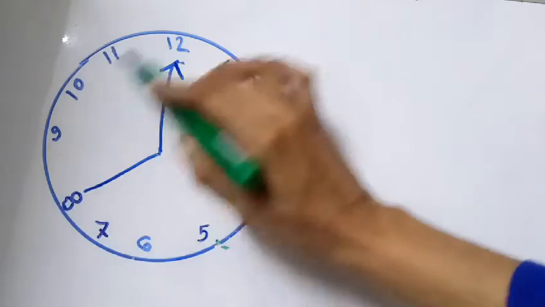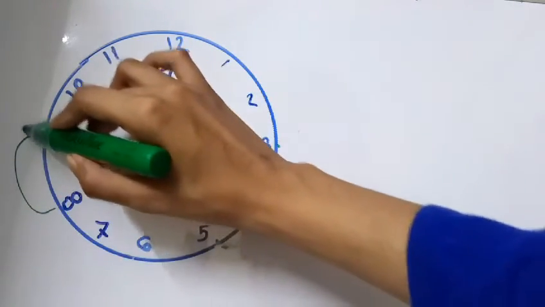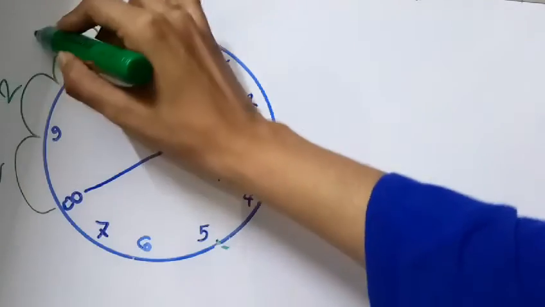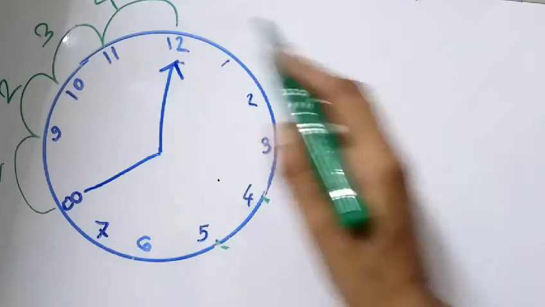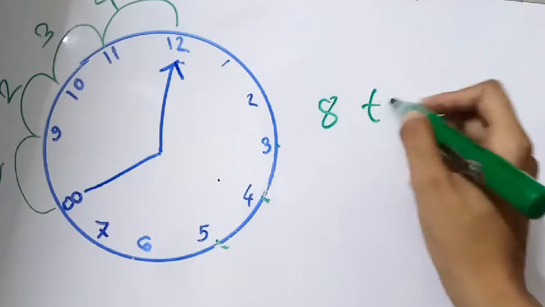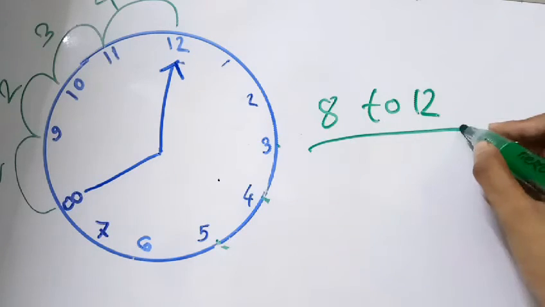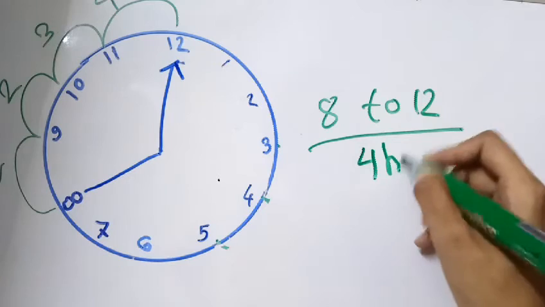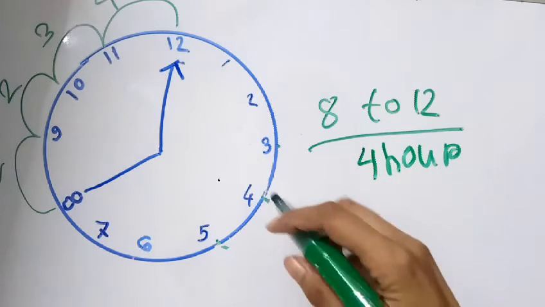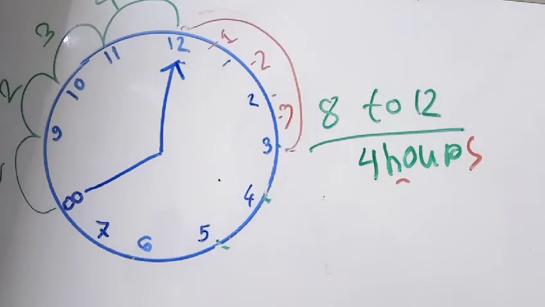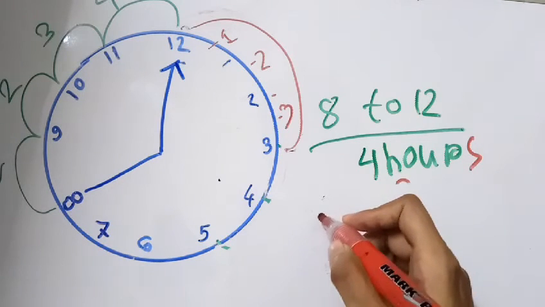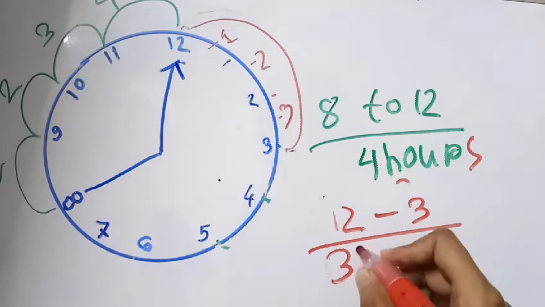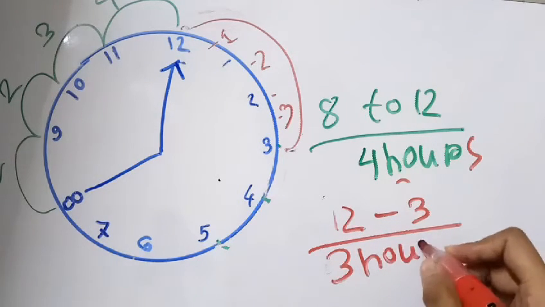Morning 8 o'clock to 12 o'clock is 1 hour, 2 hour, 3 hour, 4 hour. So 8 to 12 o'clock is 4 hours. Again, twelve to 3 is 3 hours.